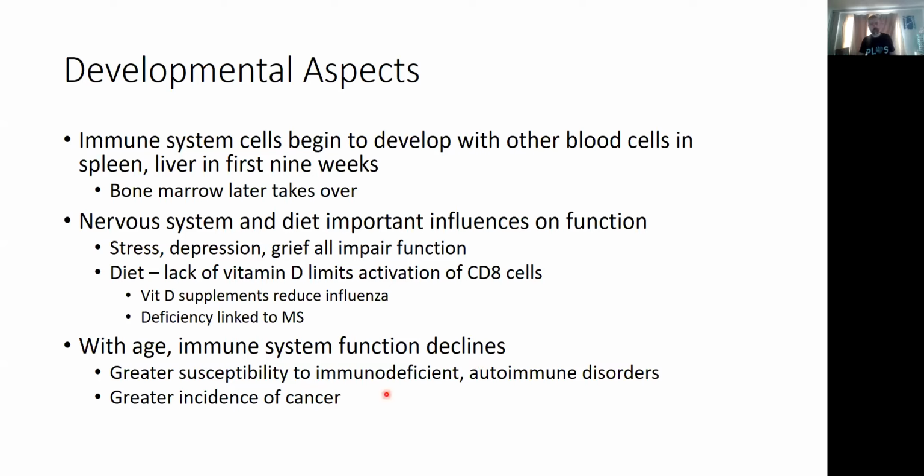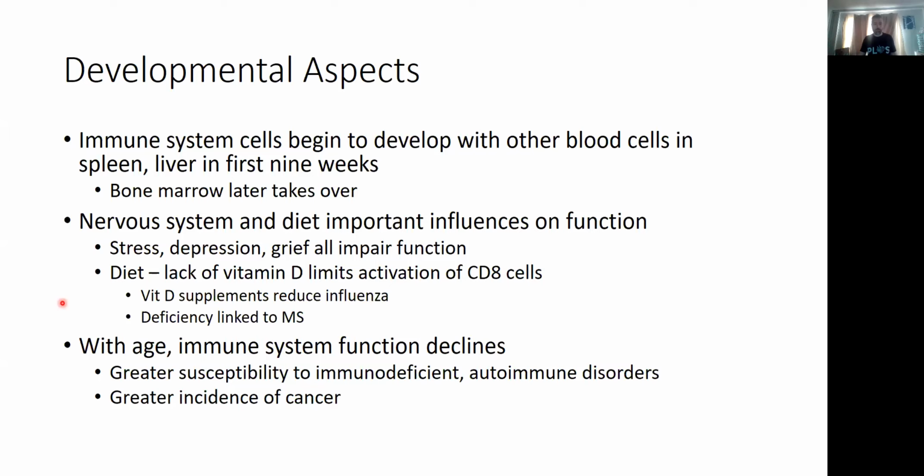What this means is that you are much more susceptible to disease, particularly immunodeficient or autoimmune disorders. We're seeing it right now with things like flu, with COVID-19. Old people get hit the hardest. And eventually, because your immune surveillance system starts falling off, you're more likely to have a cancer. If you live long enough, you'll die of cancer, is kind of the end note on that.